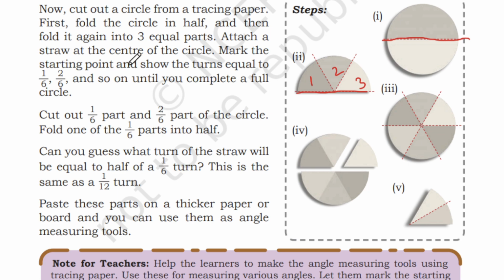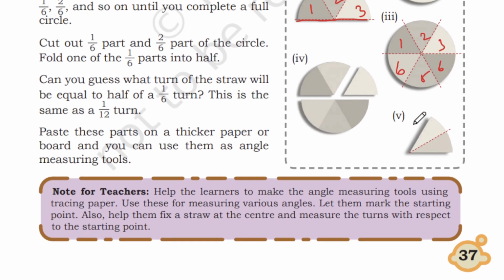Mark the starting point and show turns of 1 by 6, 2 by 6. Okay, here if you unfold this you will get equal portions 3, 4, 5 and 6. Now cut 1 by 6 part and 2 by 6 part of the circle. Fold one of the 1 by 6 parts into equal halves.